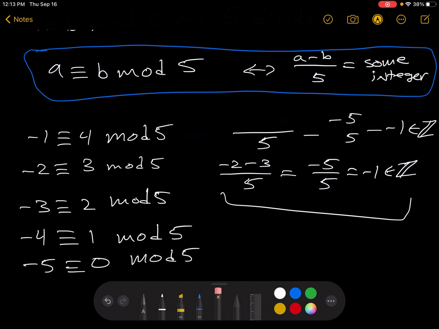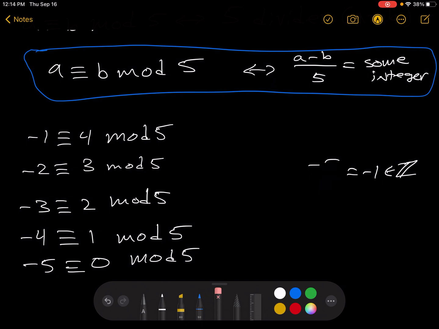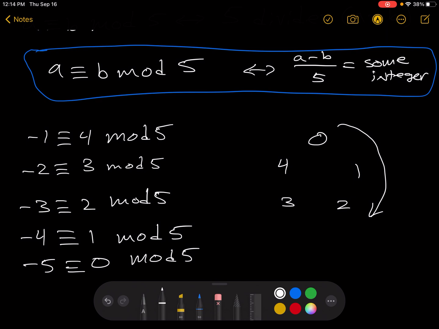Okay, now what I'm trying to show you here is that there's this cyclical relationship between all of the numbers mod 5. So let me draw this cyclical thing with the only numbers mod 5, which are 0, 1, 2, 3, and 4. If you go this direction, this is going into the positive. If you go this direction, that's going into the negative.